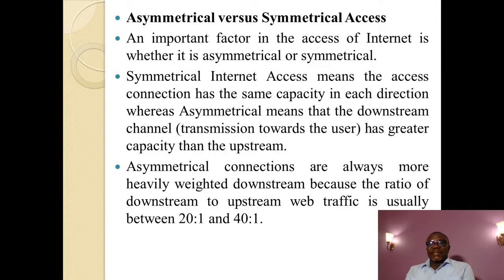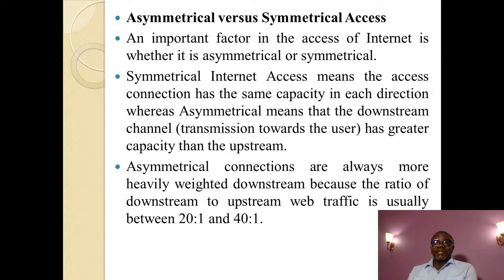So now, this your connection can be of two types. It can be asymmetrical or it could be symmetrical access. Now, let's see the difference. An important factor in access of internet is whether it is asymmetrical or symmetrical.